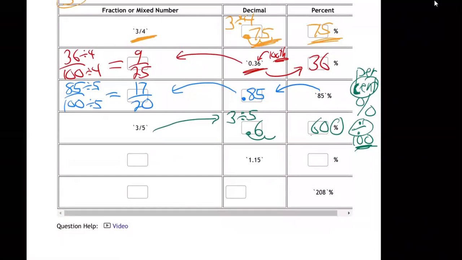All right. Next one. 1.15, let's go first to a percentage. So 1.15, again, you'd move the decimal 2 places. That's 115%, isn't it? And now going back, how do we write that as a fraction?